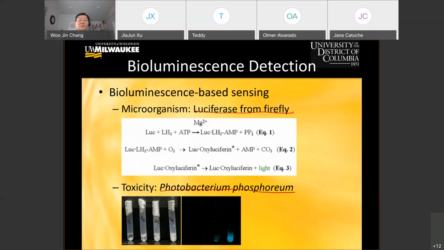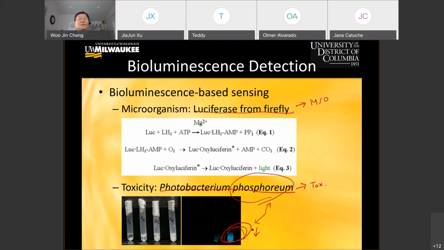So this luciferase is used to detect microorganisms, and this phosphorium is used to detect toxicant. Because this microorganism generates the light typically like this, but when it is exposed to the toxic molecule, this light generation will drop.